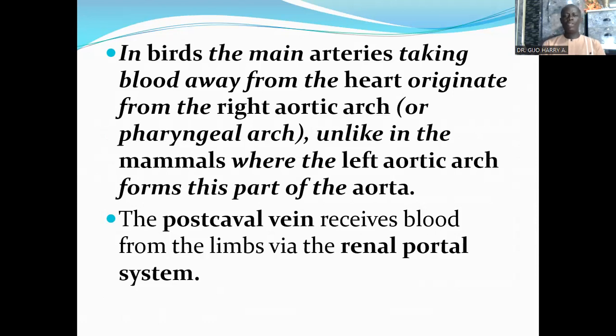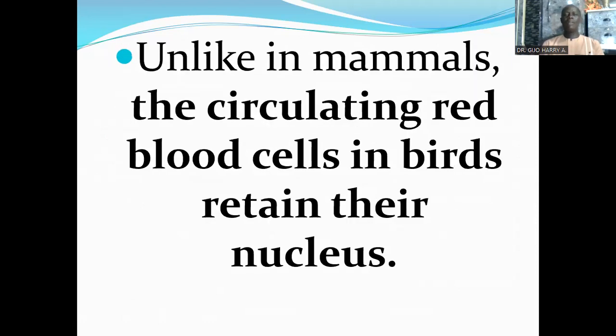The postcaval vein receives blood from the limbs via the renal portal system. Unlike in mammals, the circulating red blood cells in birds retain their nucleus. One unique feature: the red blood cells of birds have a nucleus, while the red blood cells of mammals lack a nucleus.